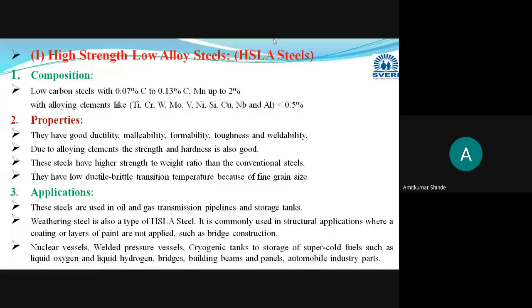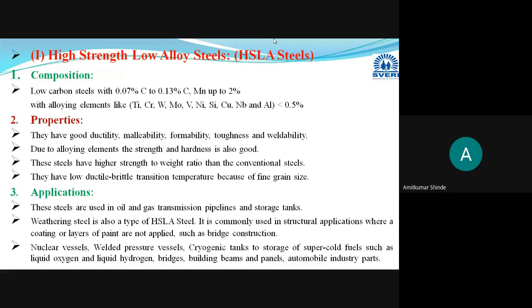Now, the specific property of this low alloy steel as compared to our conventional steels. Conventional steels here refers to our plain carbon steel. We are comparing with similar carbon percentage. Suppose we have a low carbon steel, and with the same percentage of carbon we have HSLA steel, then that HSLA steel will have more strength as compared to the conventional steel.